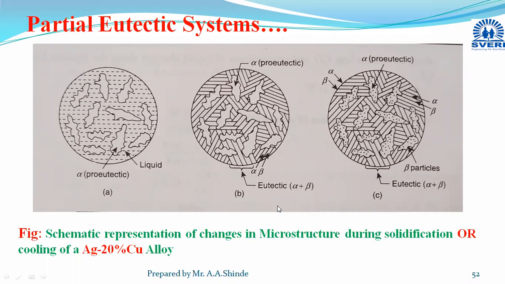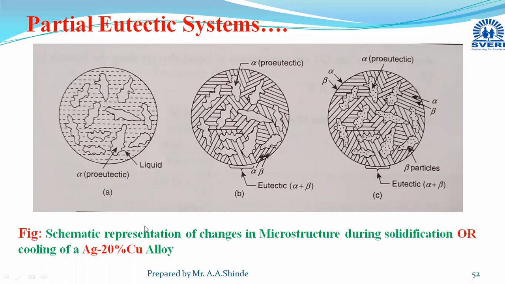Depending on the rate of cooling, the beta particles may separate out in the form of precipitates, or they may accumulate at the grain boundaries of this proeutectic alpha.